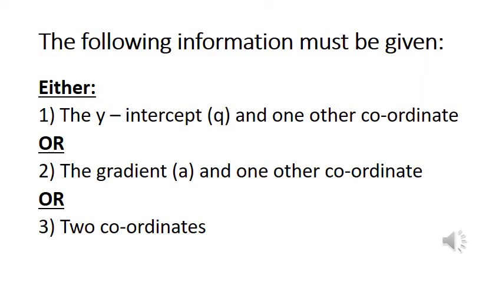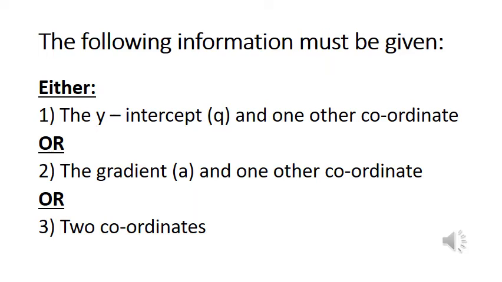Please remember that when asked to find the equation of a straight line, they have to give you certain information. There are 3 ways that you can find the equation of a line, and you would determine which way you're going to use depending on what information they give you. The 3 ways are: if they give you the y-intercept, which is your q value, plus one other coordinate.